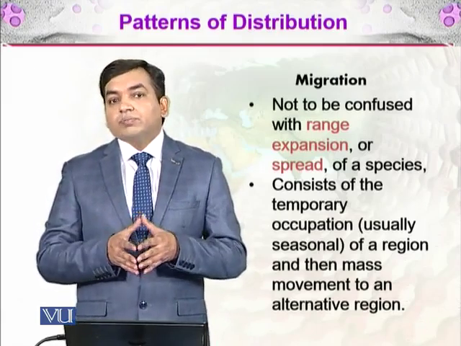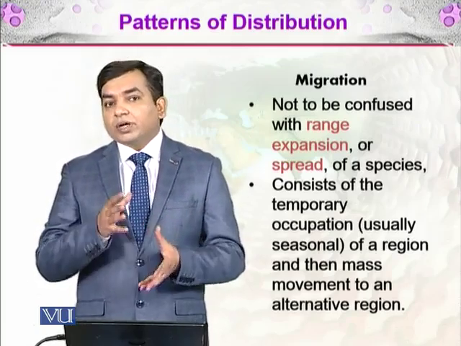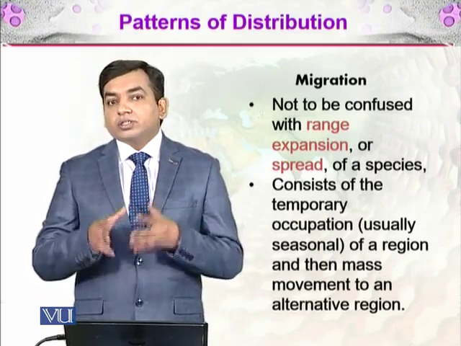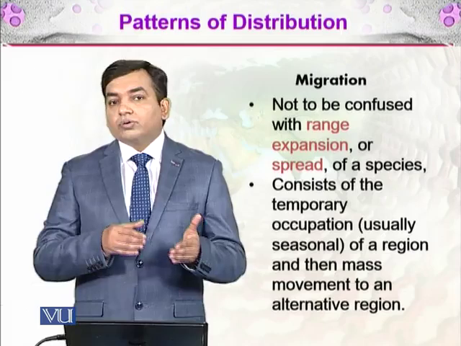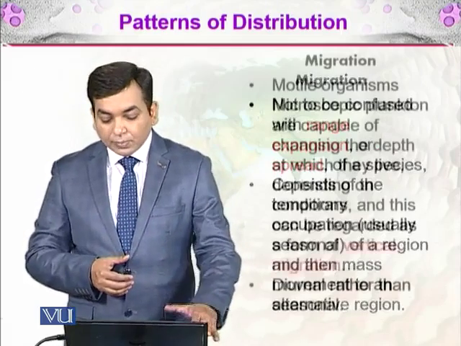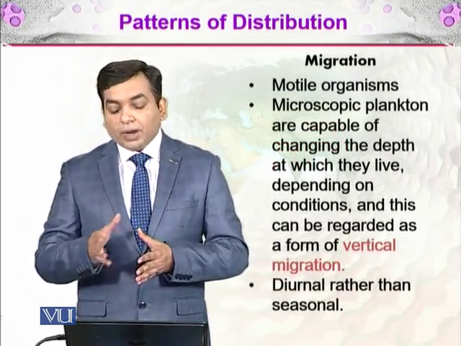These resources can be mating grounds, or a temperature which is suitable to the body. For example, there are some birds which go from the Arctic to the Antarctic region, which we will be discussing in the next slides. So motile organisms are doing the migration.